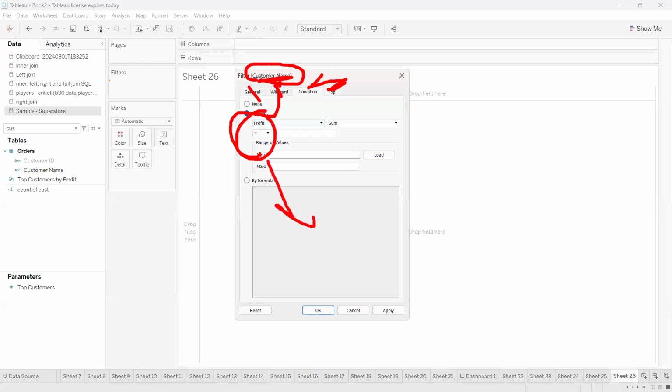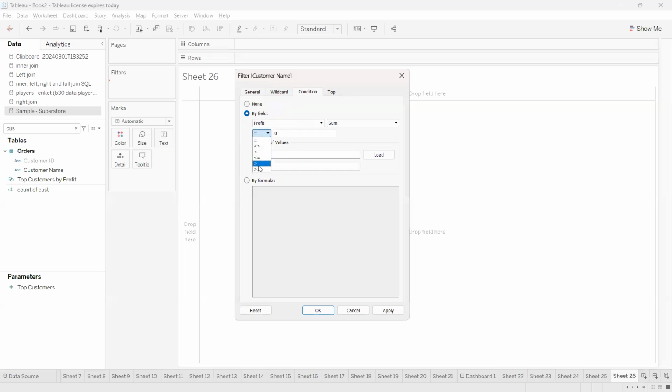That is nothing but aggregating the data. For example, if I take profit here, we are aggregating the profit at a customer name level. We have seen these two options already, condition and top option. The important thing to remember is that we are linking the dimension customer name with a particular measure, and after that we are applying some condition.